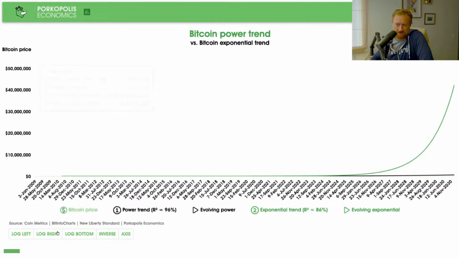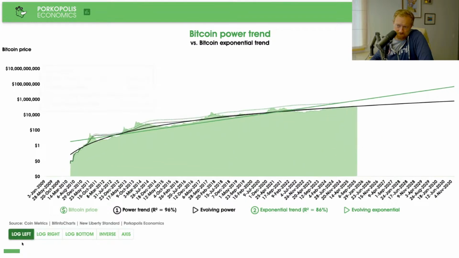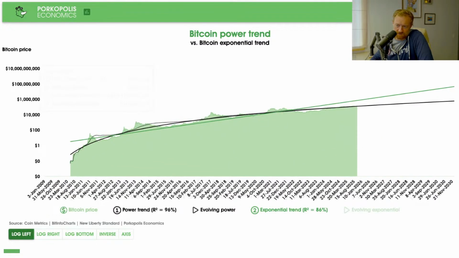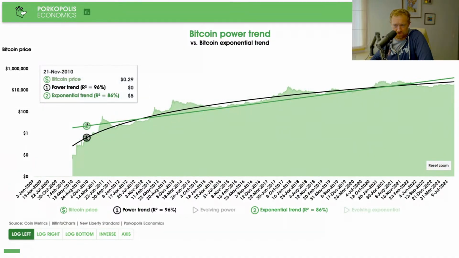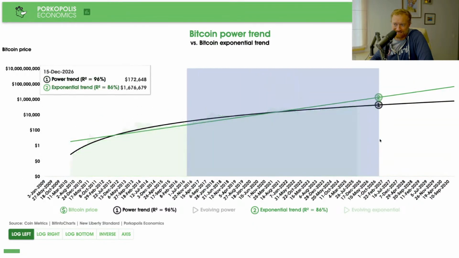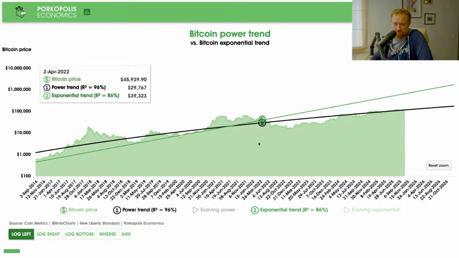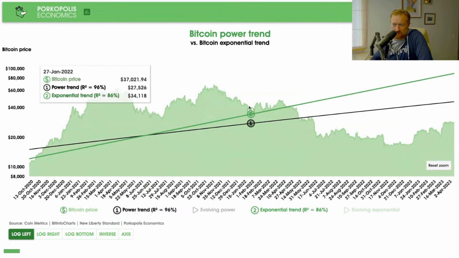All right, now let's go log. Let's take off the evolvings. All right, you've seen this many times on another chart. I'll go back to that chart. Bitcoin on power is a very smooth looking curve, slices through the data, just looks wonderful. Exponential is just not working.